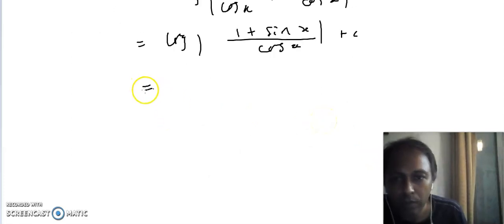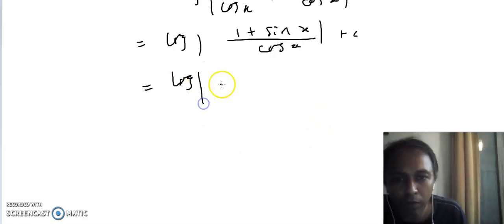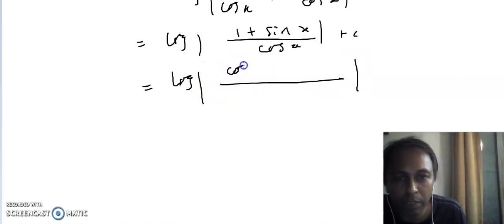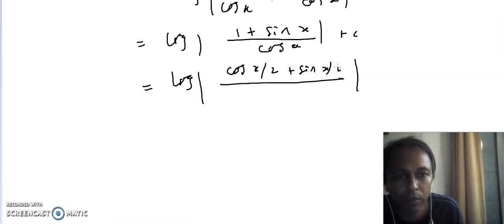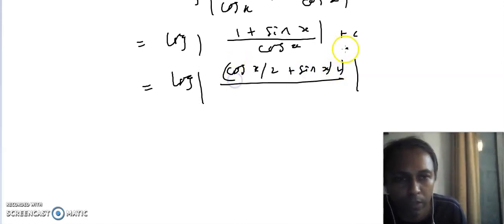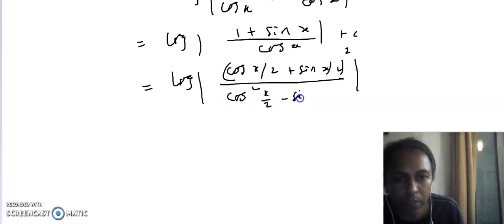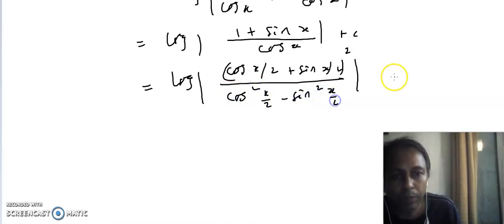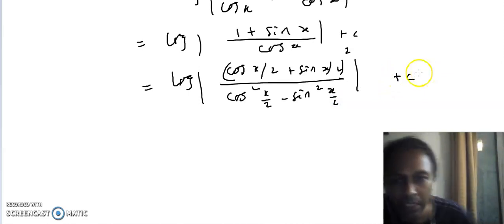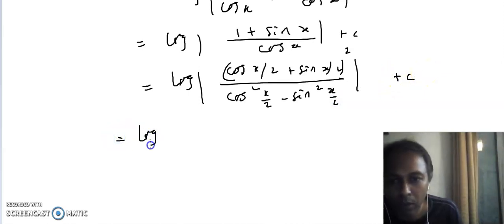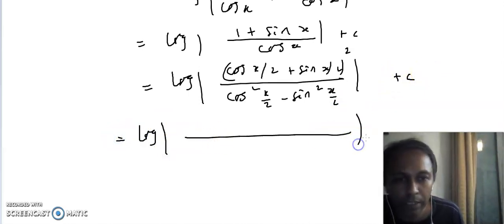This leads you to log of mod of 1 plus sin x, a formula students should know, is cos x by 2 plus sin x by 2 the whole square, and cos x can be written as cos square x by 2 minus sin square x by 2, plus c.